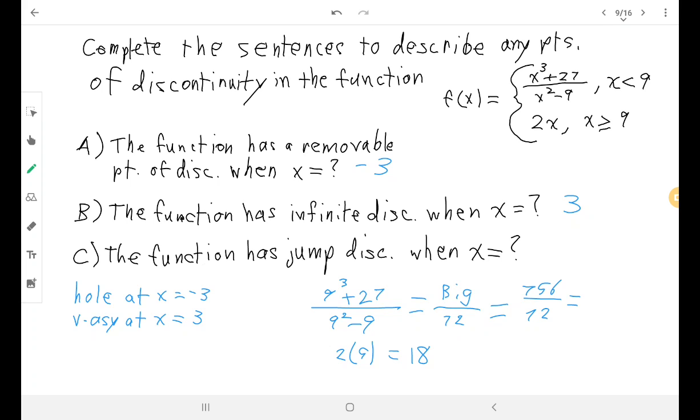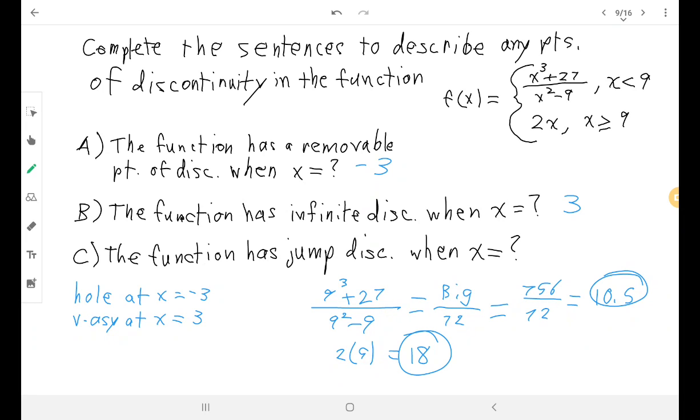So if I say that divided by 72 is 10.5, I get one y value of 10.5. I get another y value of 18.